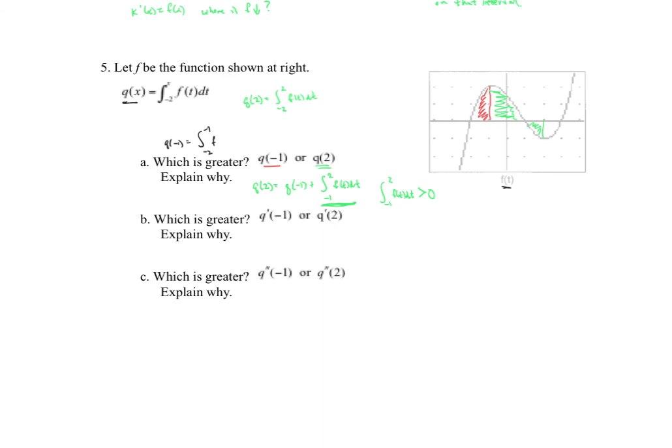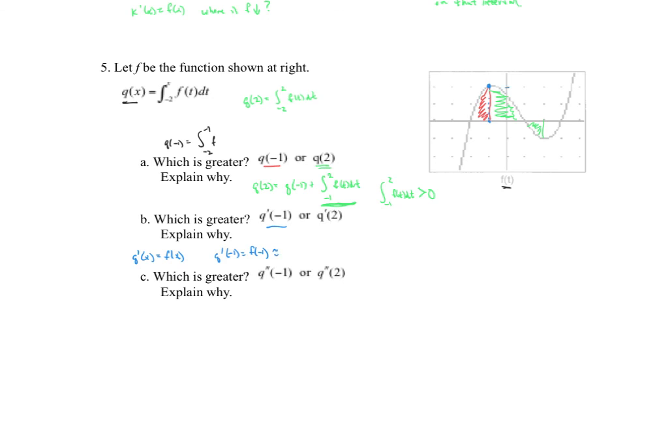Now, q prime of x is going to be f of x. So that's the actual curve that we're looking at. So q prime of -1 is f of -1. And here's -1. If we come up to the curve, we can see that that's going to be approximately 2.